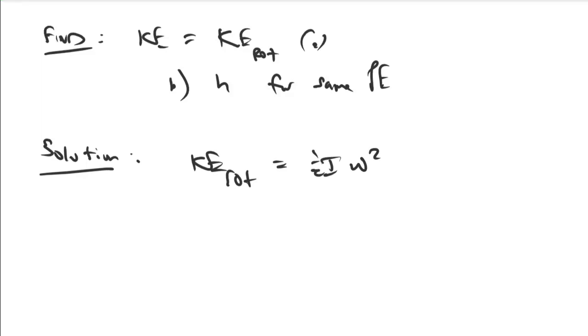Now you have to remember too, when we derive this formulation for rotational kinetic energy, it relied very heavily on the fact that omega was in radians per second. So we have to have this in radians per second or we can't use this equation. Basically, if you're unsure, convert omega to radians per second.